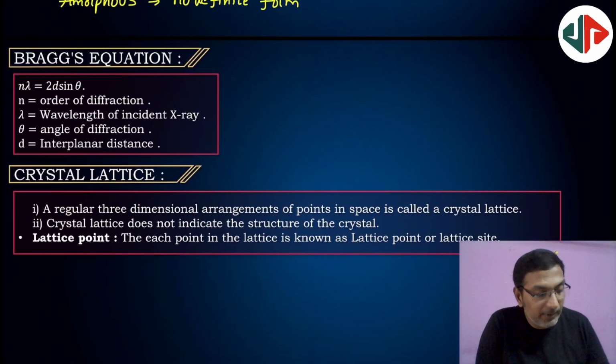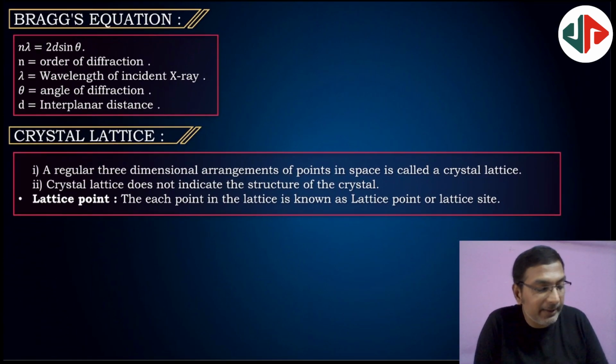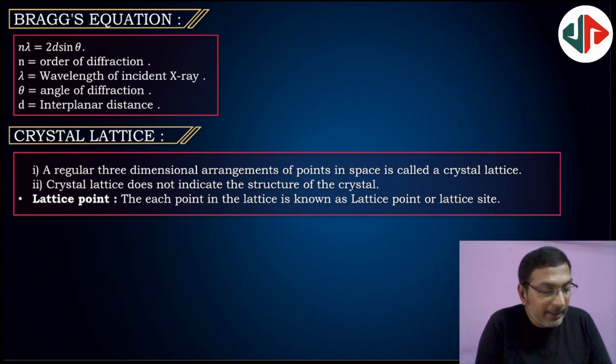Next, Bragg's equation: n lambda equal to 2d sin theta, where n is order of diffraction. Lambda is the wavelength of incident X-rays, theta is angle of diffraction, d is interplanar distance, that means distance between two planes. So based on this we can calculate the distance between two planes.